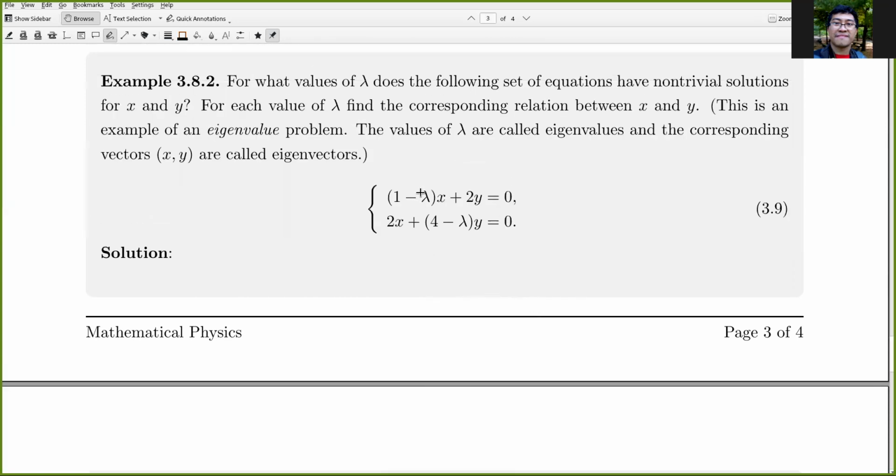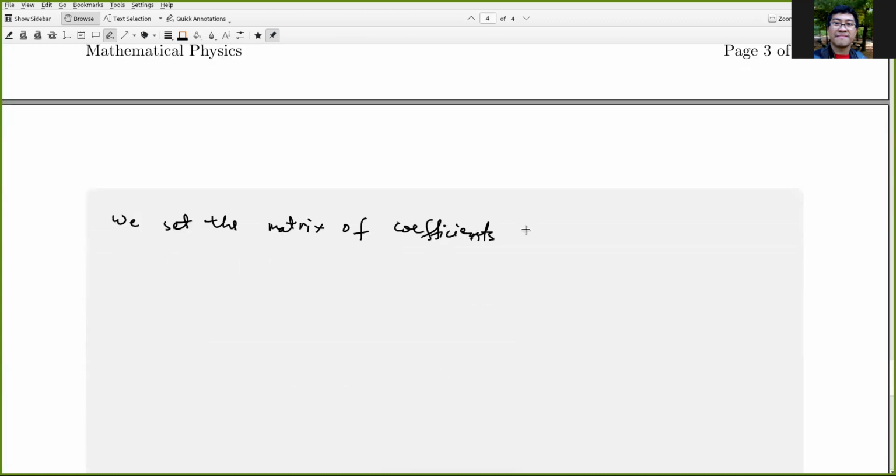I mean, we write the coefficients of x in one column, coefficients of y in another column. We set the determinant of the matrix of coefficients to 0.